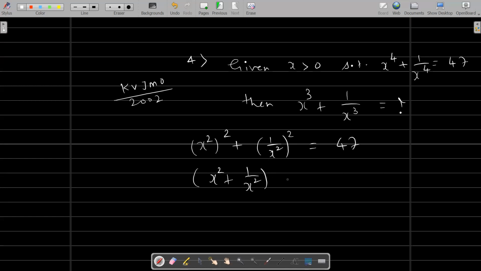So this is x raised to 4 plus 1 by x raised to 4 plus the middle term, 2 times x square into 1 by x square, which is 2. So that is equal to 47 plus 2, 49. These are real numbers, so x square plus 1 by x square is 7, right?